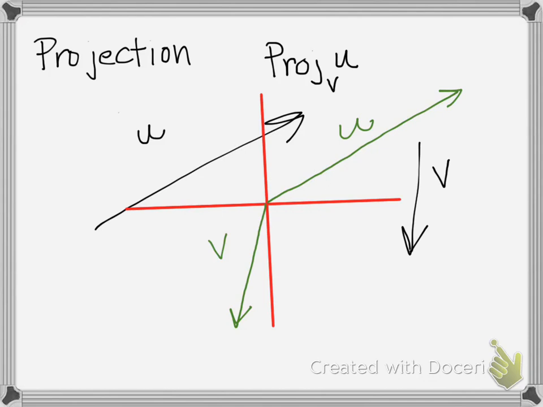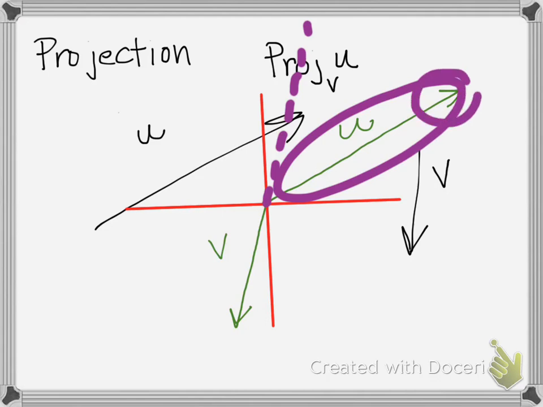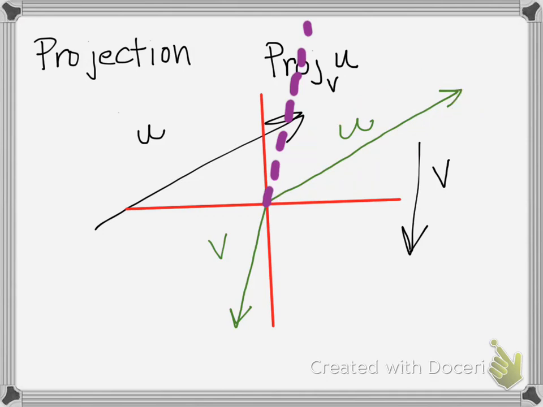So a way of defining the projection is that I'm going to drop this vector's endpoint onto the other vector at a right angle. So dropping this at a right angle is going to put me down here.